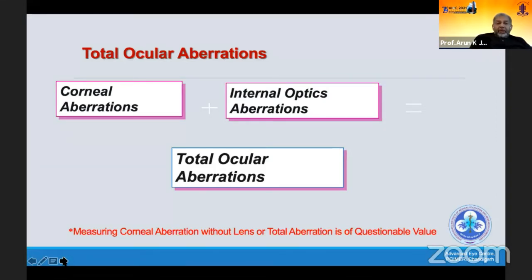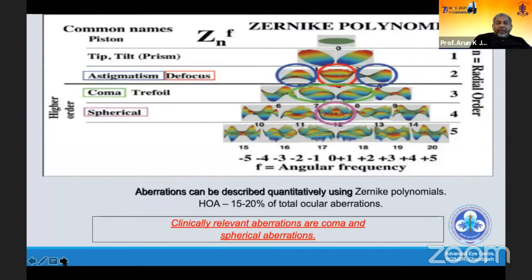And aberration can be described quantitatively using these Zernike polynomials, and higher order aberration accounts for around 15 to 20% of total ocular aberration. The clinically relevant aberrations are coma and spherical aberrations.